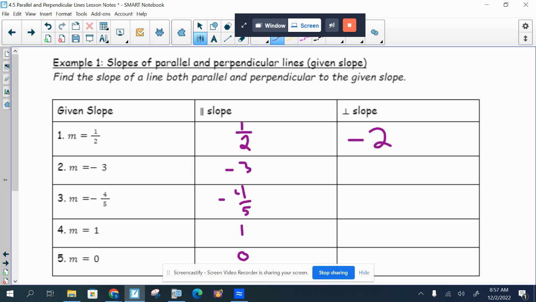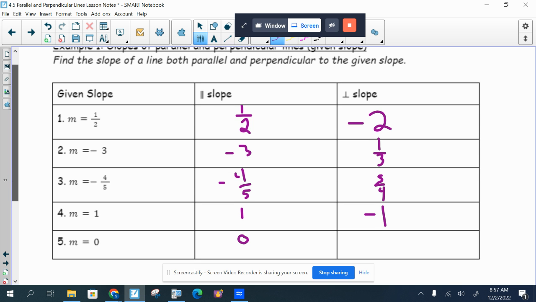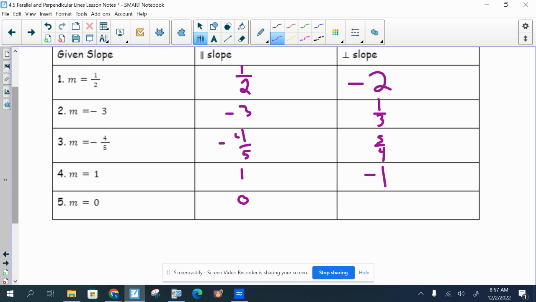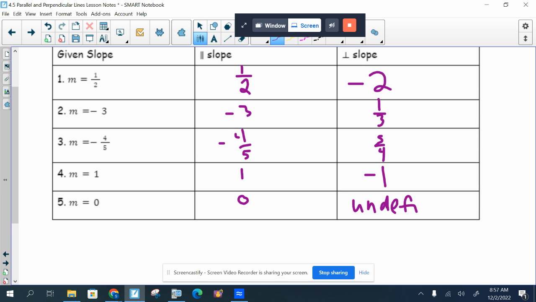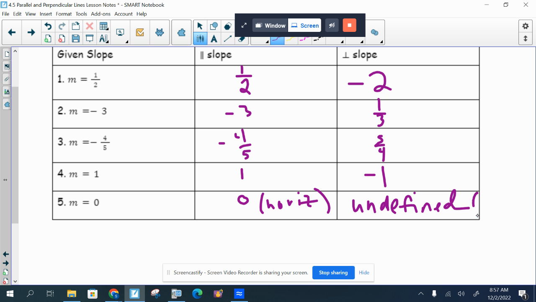And then what about for number 2? Haley? 1/3. -4/5. Hannah? +5/4. What about 1? Grayson? -1. And then remember what it would be if it's 0? Undefined. Because remember, this would be a horizontal line, and this one would be a vertical line.